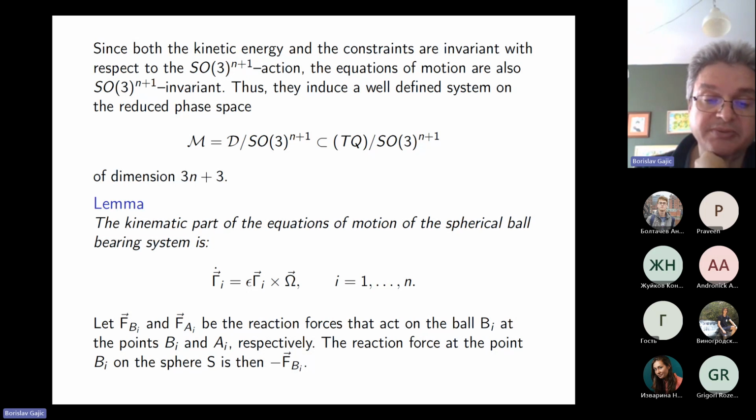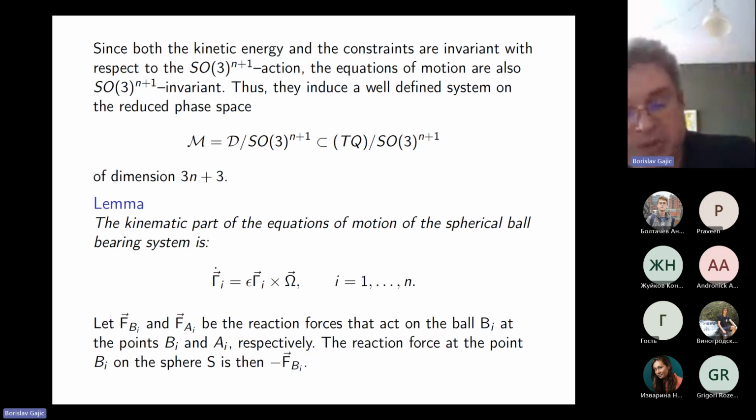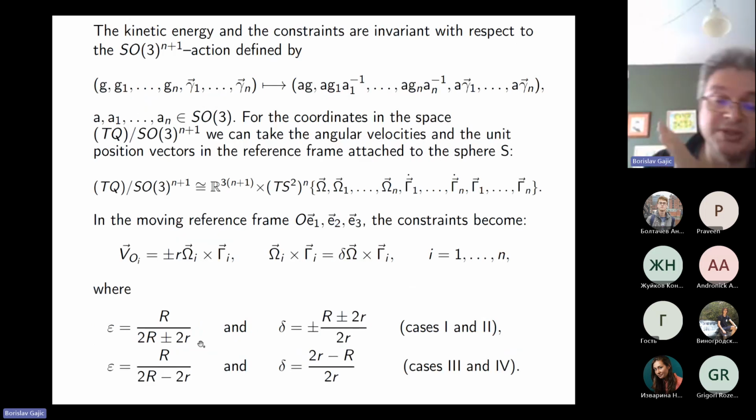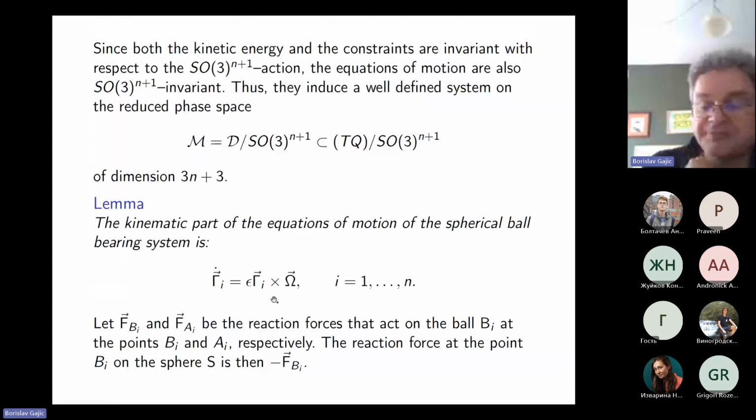And then when we write the equation of the centers of the balls, we obtain this form of equation with epsilon. Epsilon is defined here. So like a Poisson equation with epsilon equal to 1, this is the standard Poisson equation in rigid body dynamics, but we have here epsilon different from 1.